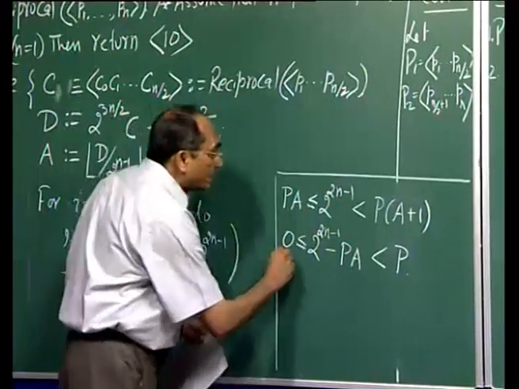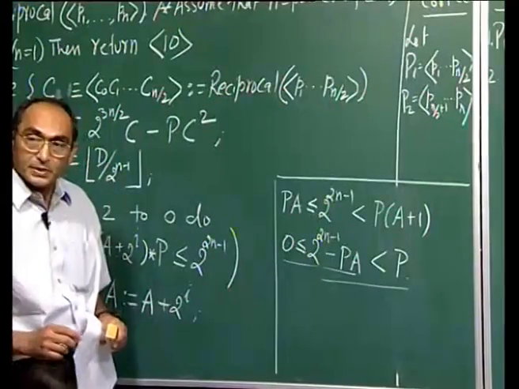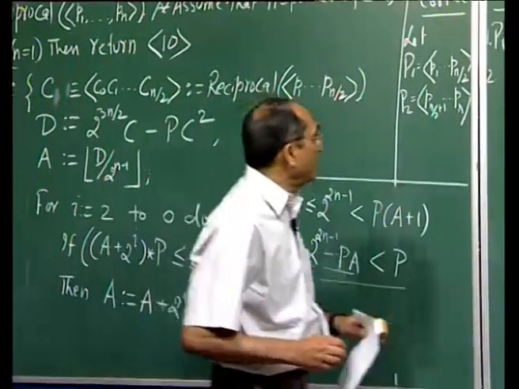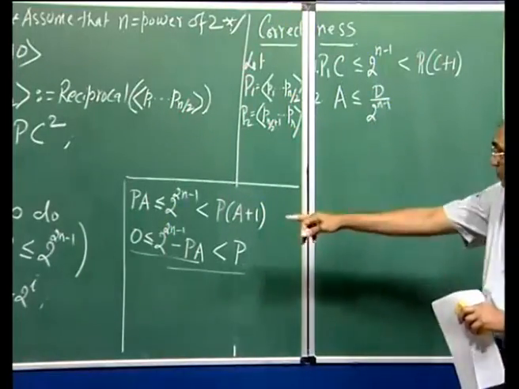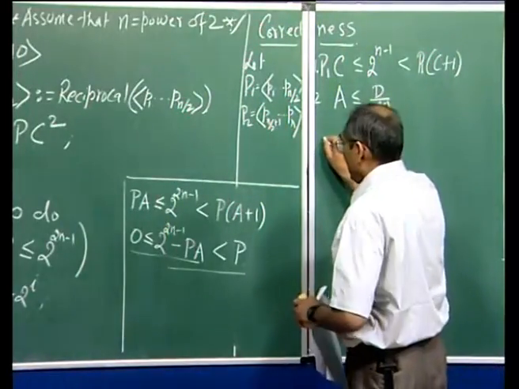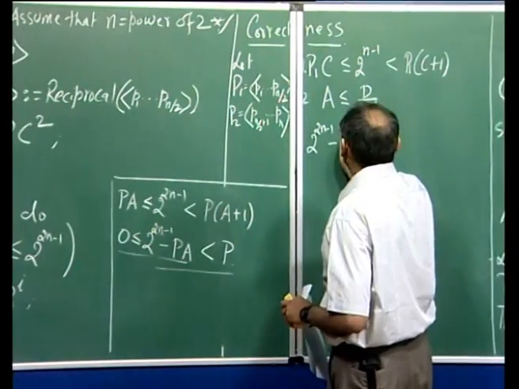So, I need to show these two inequalities or something close to this. So, let us try to get the expression for 2 power 2n minus 1 minus PA.